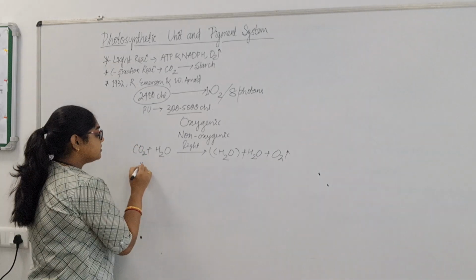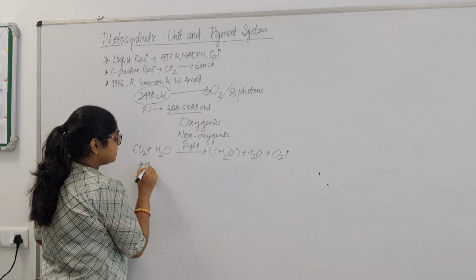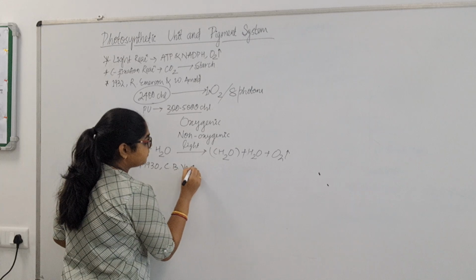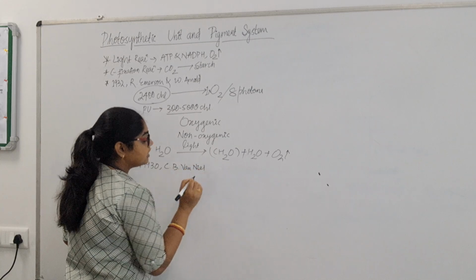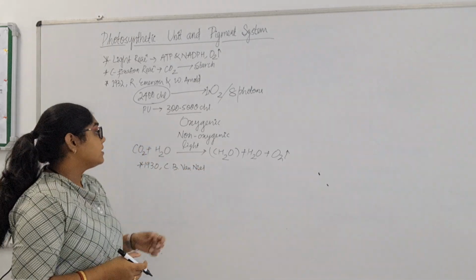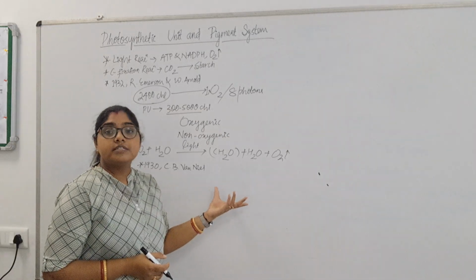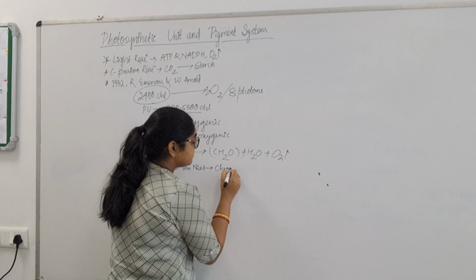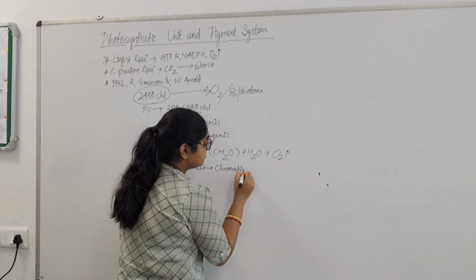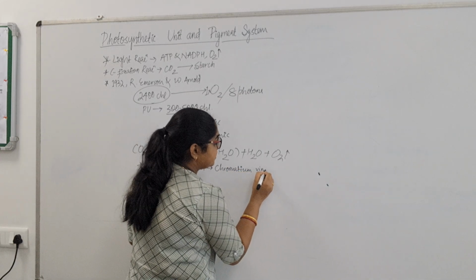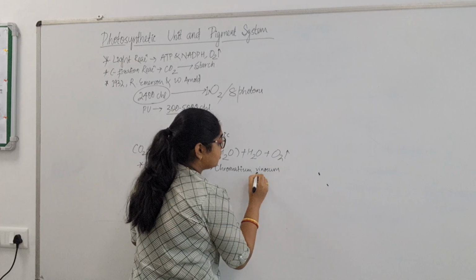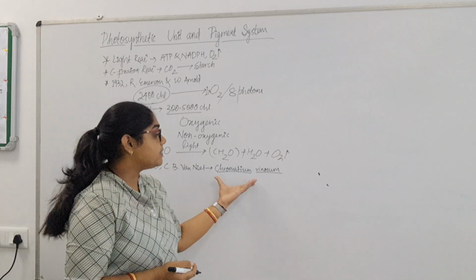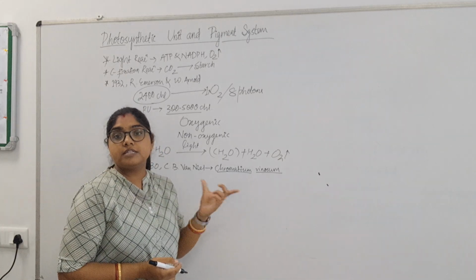But in 1930, C.V. Van Niel from Stanford University found out that there is a photosynthetic bacterium named Chromatium vinosum, which assimilates carbon dioxide but without releasing oxygen.